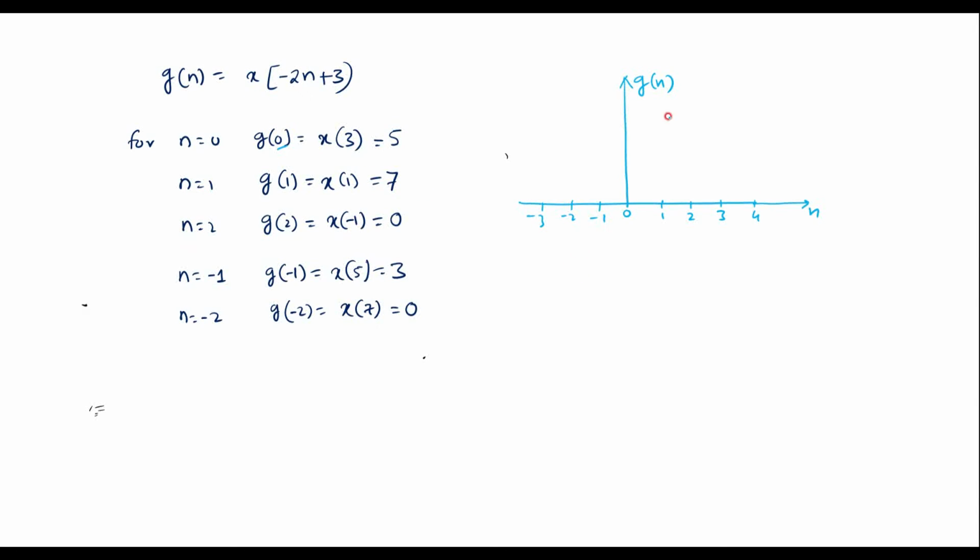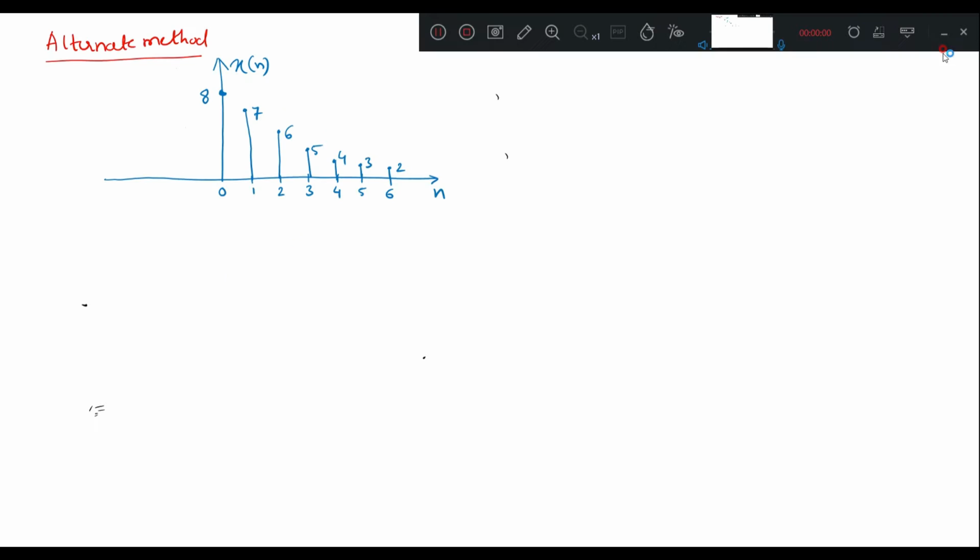At 0 we have 5, say this is 5. At g of 1 value is 7, say this is 7. At g of 2 value is 0. At g of minus 1 value is 3, say this is 3. At n equal to minus 2 the value is 0. So this is g of n signal.